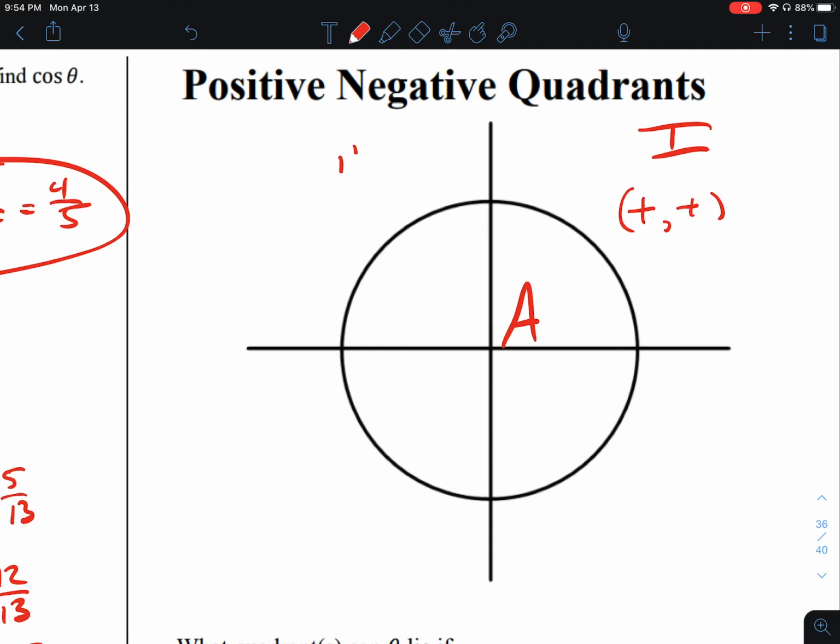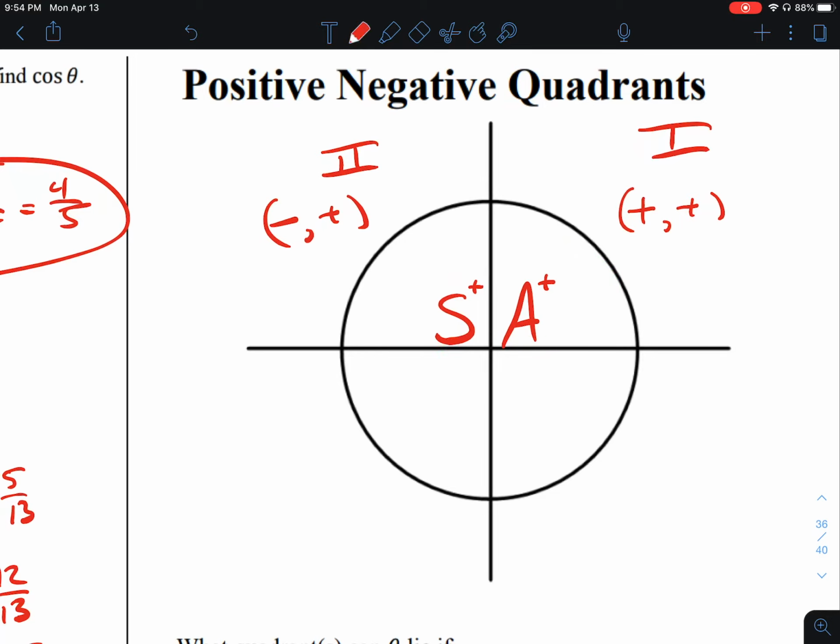In quadrant 2, your x value is negative and your y value is positive. So in quadrant 2, sine's positive, cosine's negative, because cosine is x, which is a negative number over r. Negative over positive is negative. Tangent's also negative in quadrant 2, because if you divide a positive by a negative, you get a negative. So in quadrant 1, they're all positive. In quadrant 2, only sine's positive.